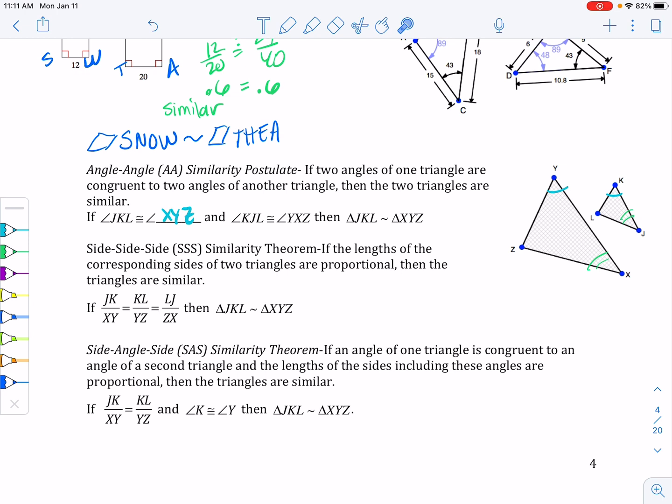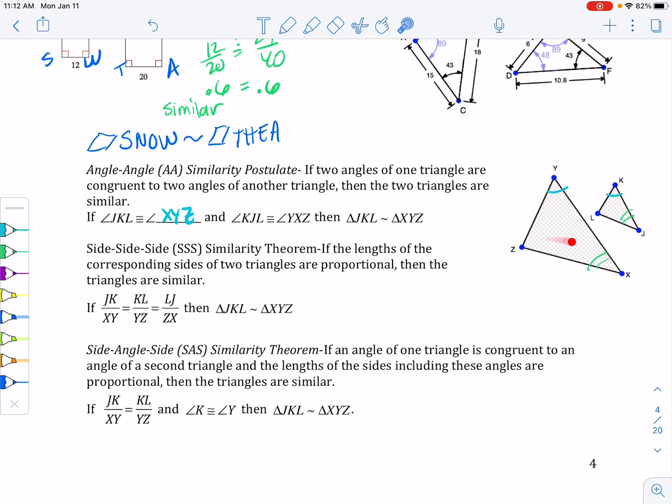Okay. Now, we have two that we didn't look at, where you've got more than one side. So here we've got side, side, side, and then we also have side, angle, side. Side, side, side works, which should make sense to you if all three of these are proportional.